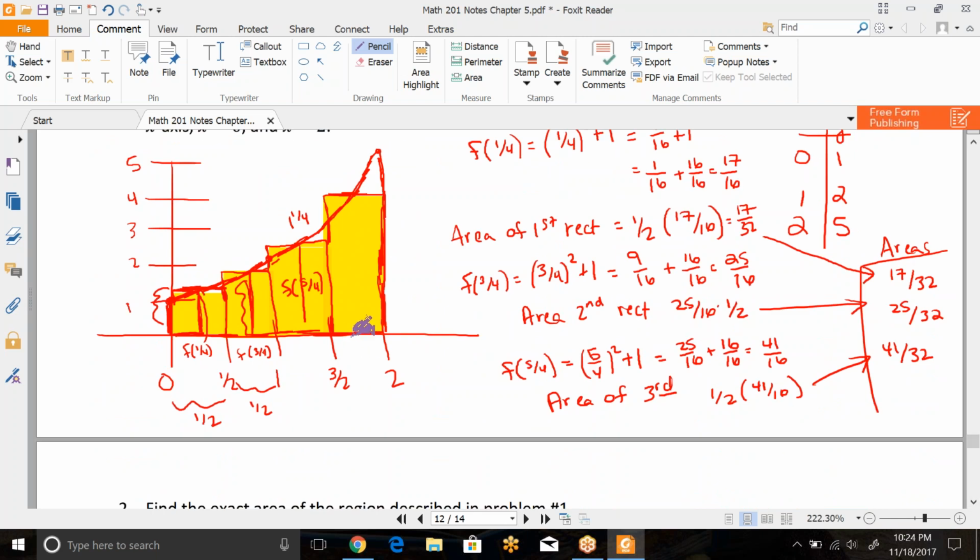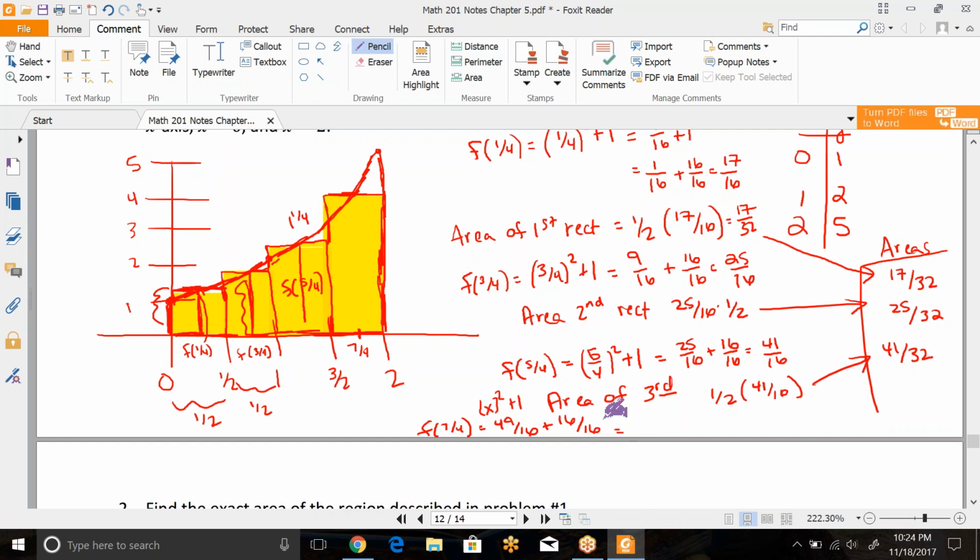So this one would be, that's 3/2, which would be 6 over 4 if you went back to being fourths. So this one right here is 7/4. So f of 7/4 is 49 over 16 if we square it, plus 16 over 16, because that was my x squared plus 1.